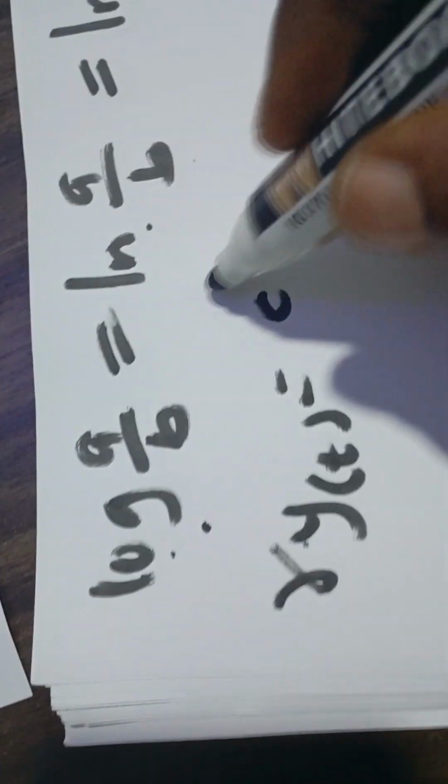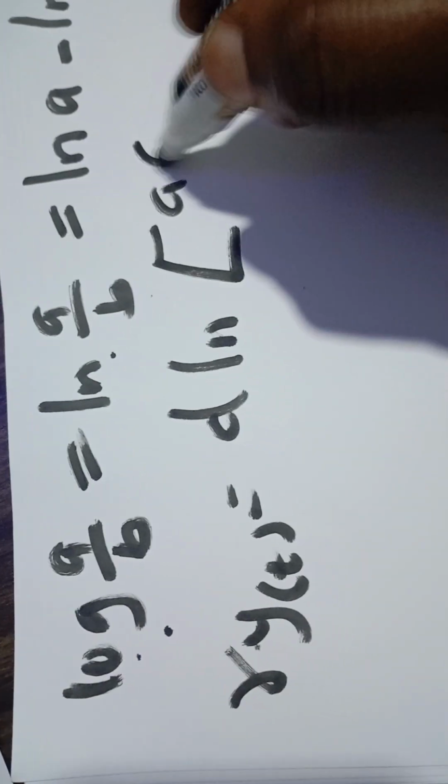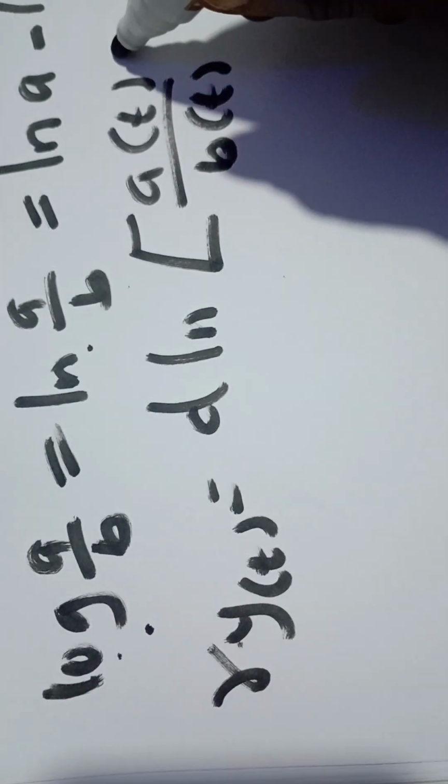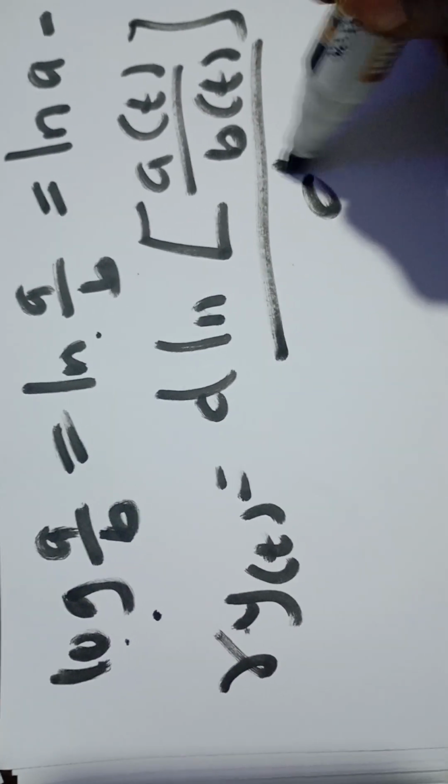If you have any log of this form, this can also be written as the difference in the individual terms. So I have my growth rate of t defined as the derivative of the ln of a at time t over b at time t with respect to time.